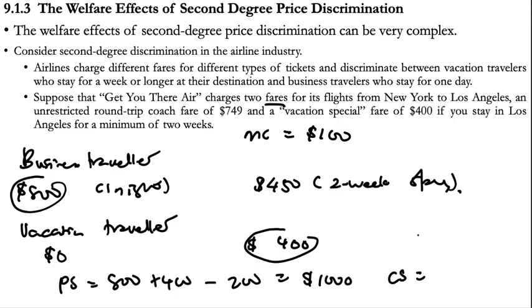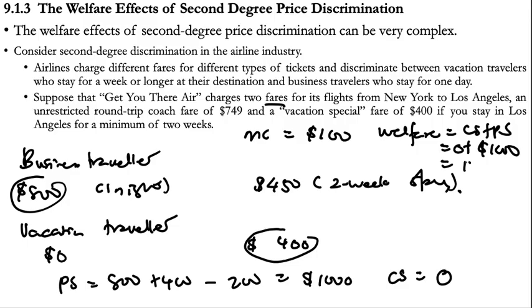So what happens to consumer surplus? Because all of it has been captured, consumer surplus becomes 0. Now, when we try to calculate the net welfare here, it is consumer surplus plus producer surplus, isn't it? And in this case, 0 plus 1,000. So it becomes 1,000. Can you see?